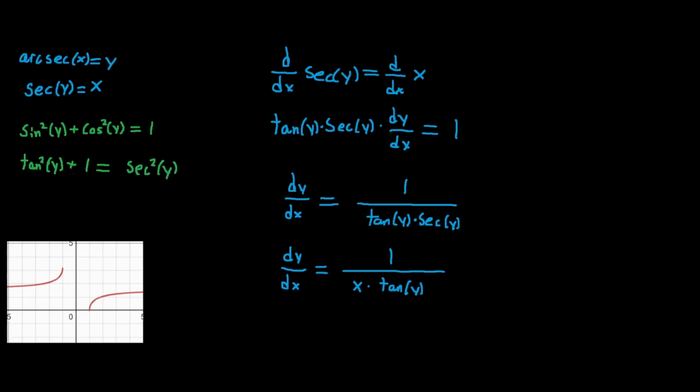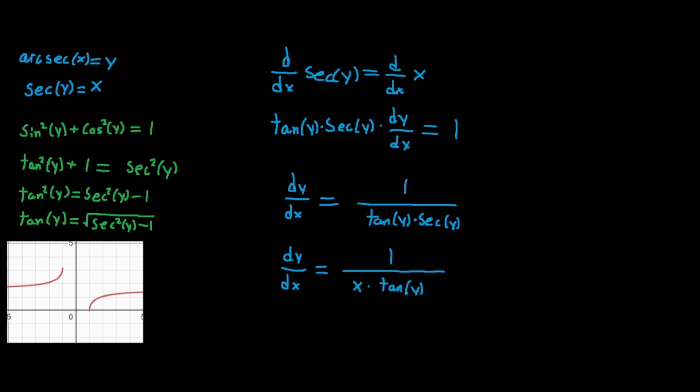And then I'm going to want to isolate this tangent squared, so I'm going to subtract 1 from both sides, and I get tangent squared of y equals secant squared of y minus 1, and then I'm going to take the square root of both sides to get just tangent of y alone, and that will equal the square root of secant squared of y minus 1.